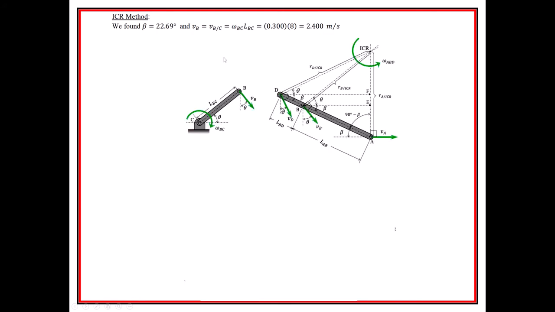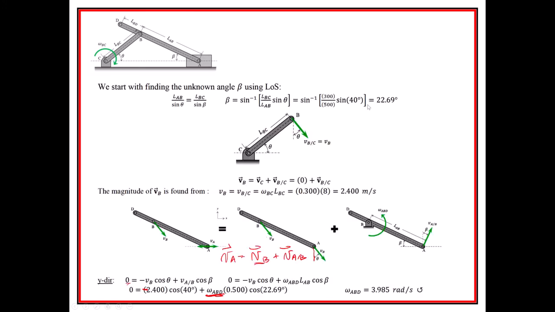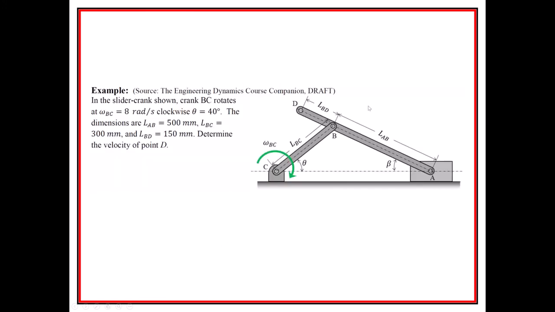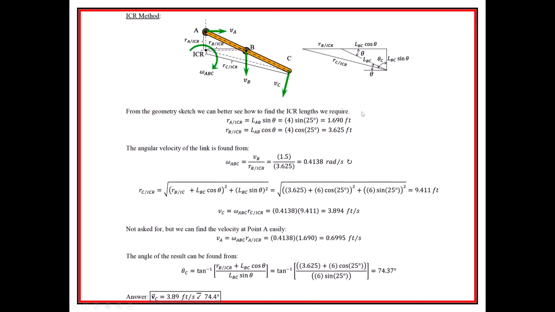If we're going to do the instantaneous center of rotation method here, we already found that 22.6 degrees for the beta right here. It's easier to understand if you were to see this done, find the ICR from the original problem. So let's go back to the figure, not this one, it's a previous problem.